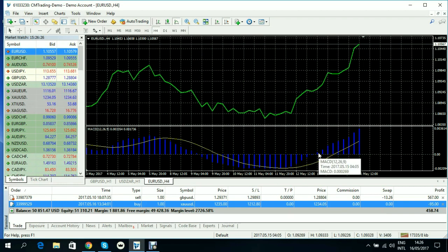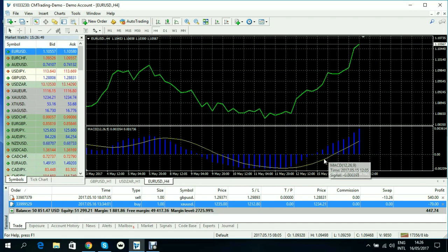Let me take it again. For a buy signal using MACD, the bars will have to be above the zero, like we can see here, or even here.